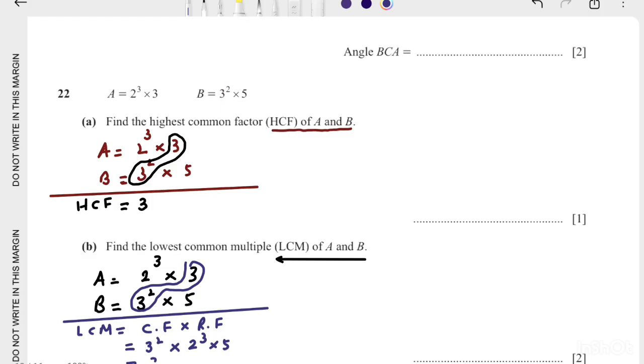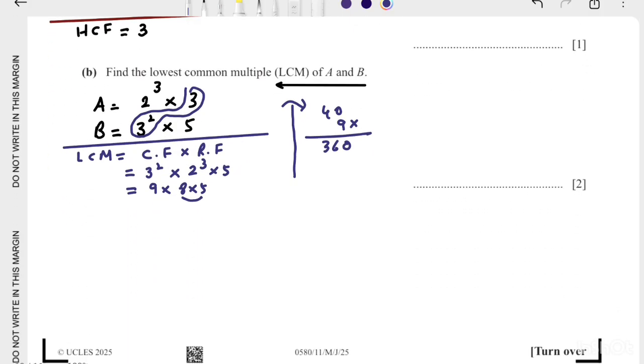It would be 9 times 8 times 5, so 5 times 8 is 40 times 9, 9 zeros are 0, 9 fours are 36, so 360 would be the answer.